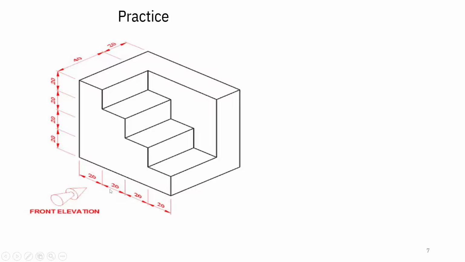So for this given object, how are we going to get the three views? We need to decide first which view we need to draw, that is, which side view needs to be drawn.